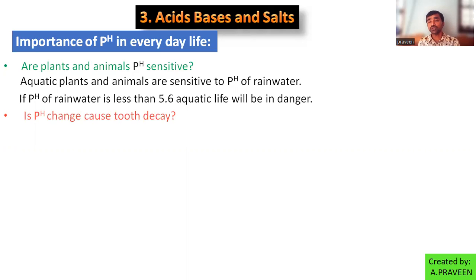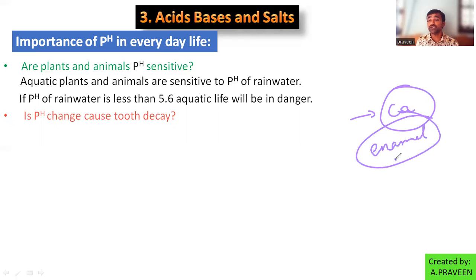pH of tooth. Is there any importance for the pH of a tooth? Yes, there is. Why? Because your teeth are protected by enamel, a layer made up of the metal calcium.